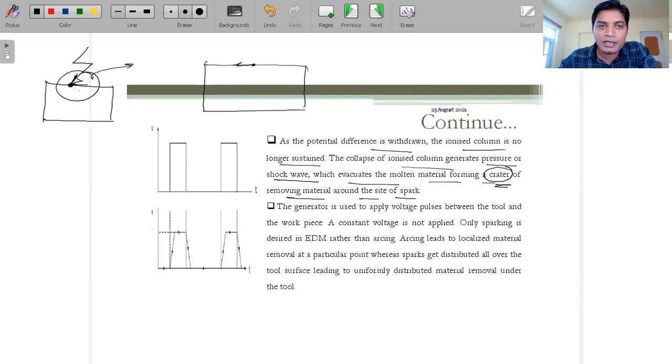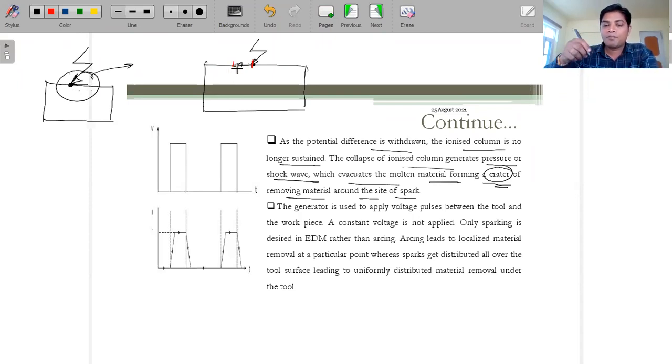So we can say the spark removes material up to this point. From this point to this, up to this, it is removing the material. If I say in a particular direction, the x direction or any direction we take, up to this one it is removing.